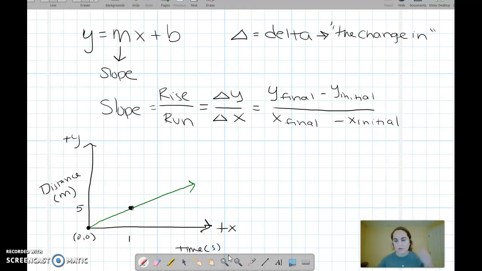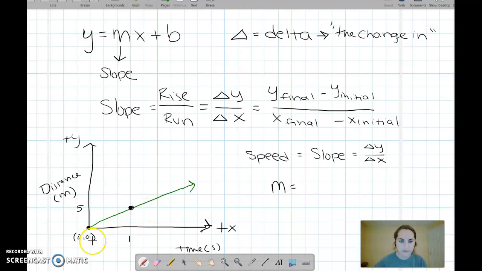Okay, so we're trying to find speed. So speed for distance versus time graphs is found by the slope. So speed equals slope. How do we find the slope? The change in y over the change in x. So how do I find my speed for this problem here?